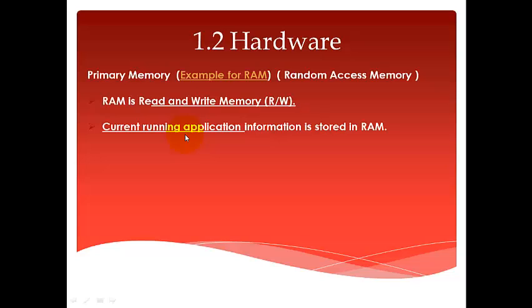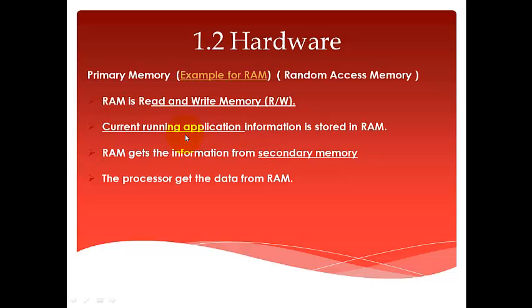In a system, we may have any number of software and programs, but simultaneously we can run only one program, and that one program's data will reside inside RAM. Where does the RAM get information? RAM gets information from the secondary memory or from input devices.